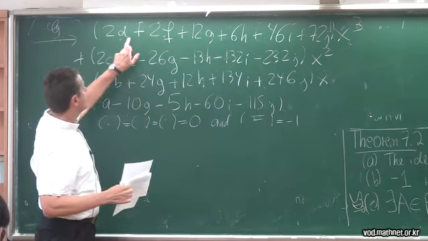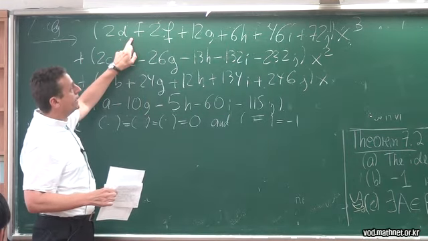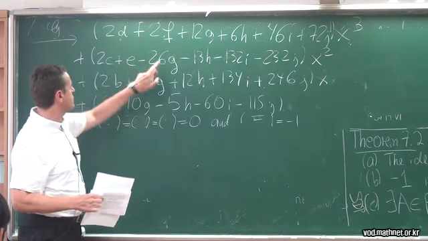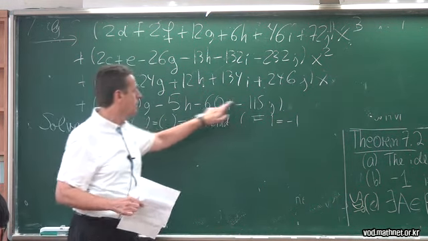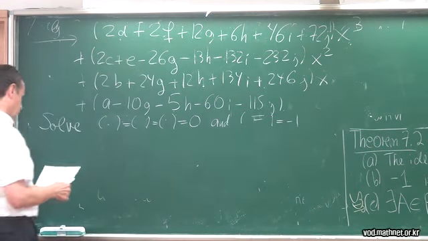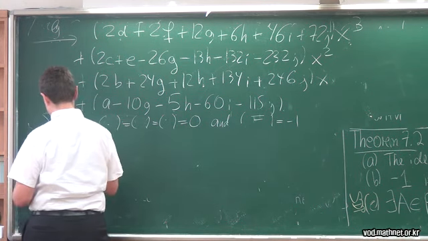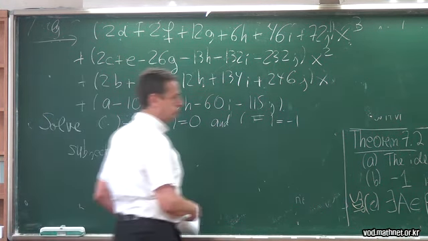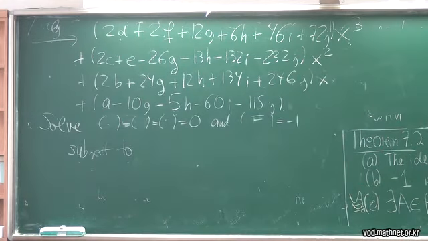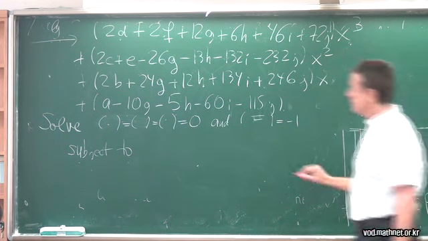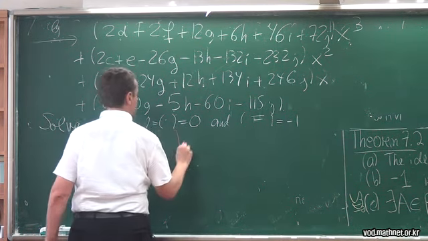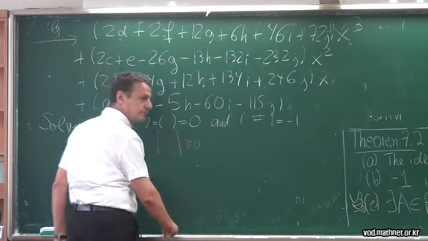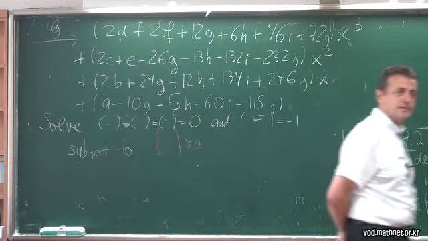So the equations are this linear form in A's and so on. This expression is 0, this is 0, this is 0, and this one we want to be minus 1, right? Subject to this matrix being positive definite. Okay, that's an SDP, right?